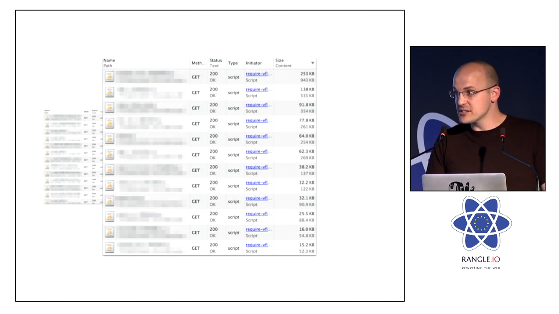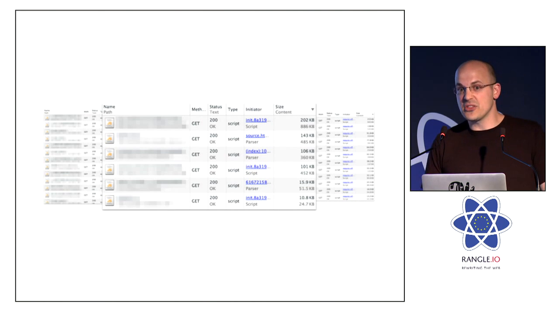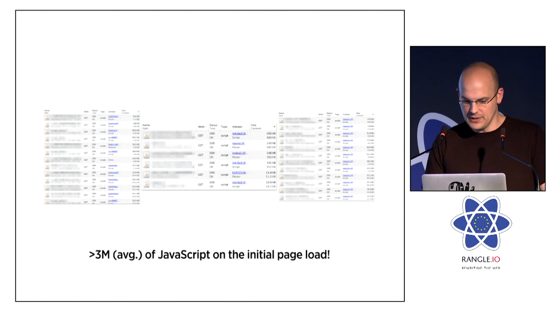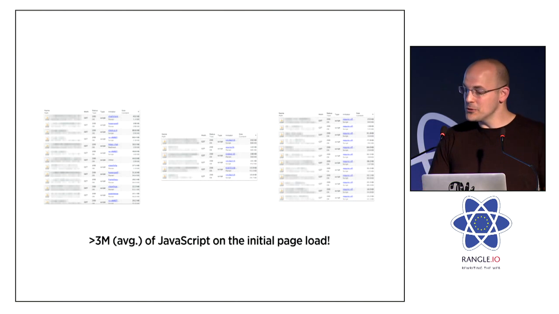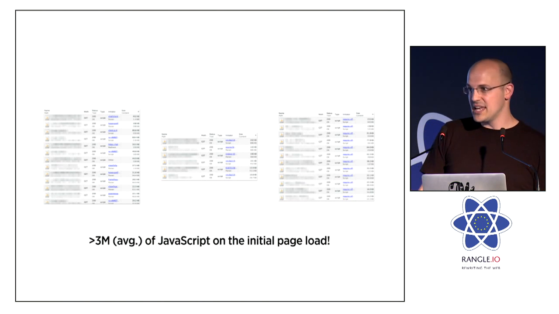Over 3 megs of JavaScript on the initial page load. Again, this is another site that the vast majority of you use every single day. Over 2 megs of JavaScript on the initial page load. What's going on here? Don't we care about the amount of code that we're shipping? Surely it doesn't take 4 or 3 or 2 megs of JavaScript to render that first page, just to show you one page. Does it?